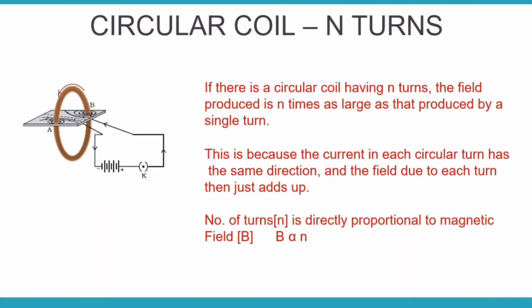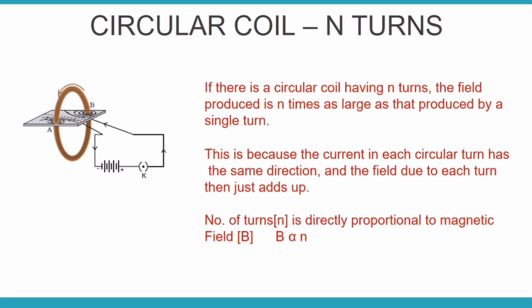Circular coil of N turns. If N number of turns are used, what happens to the magnetic field? Let's explore. If a circular coil has N turns, the field produced is N times as large as that produced by a single turn.